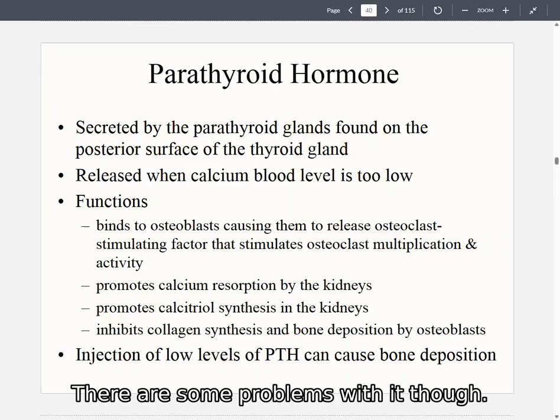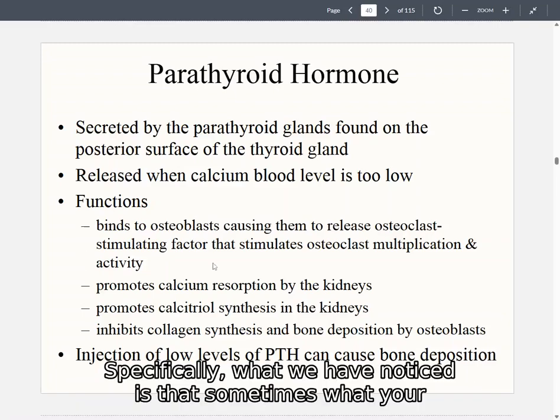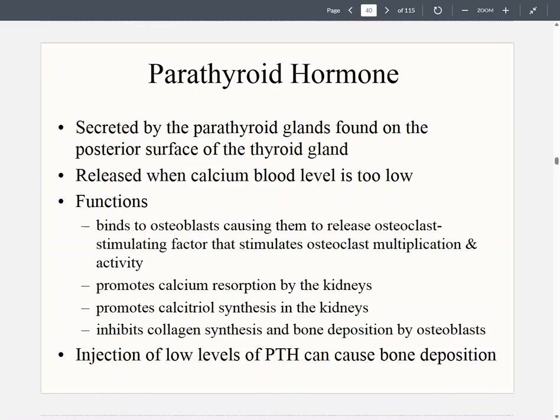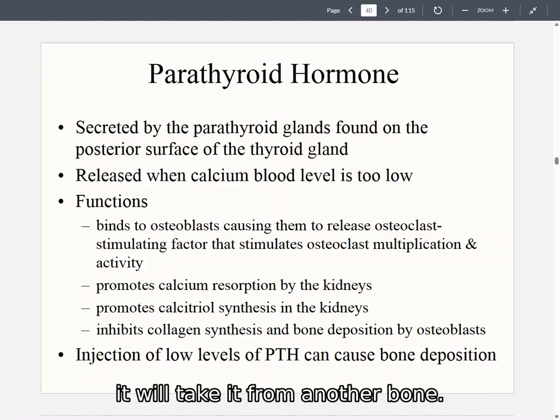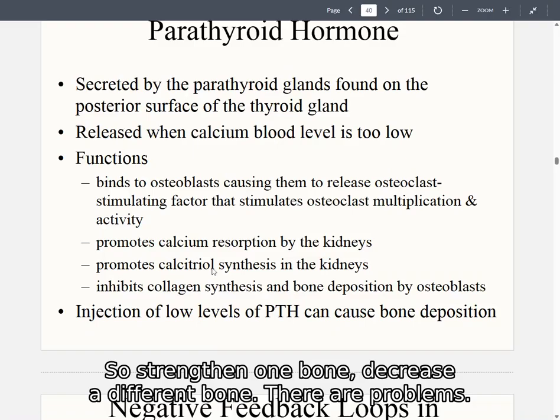There are some problems with it though. Specifically, what we have noticed is that sometimes what your body does is instead of taking the calcium from the bloodstream, it will take it from another bone. So strengthen one bone, decrease a different bone. So there are problems.